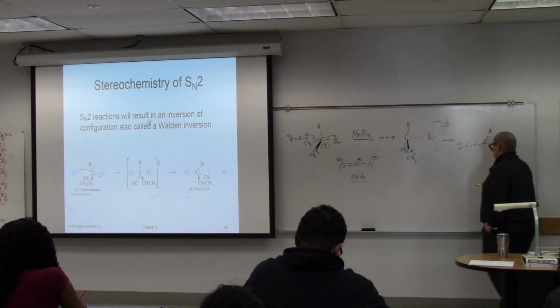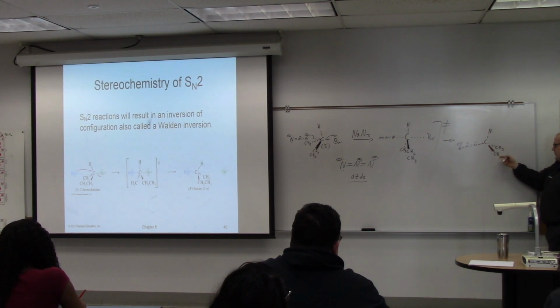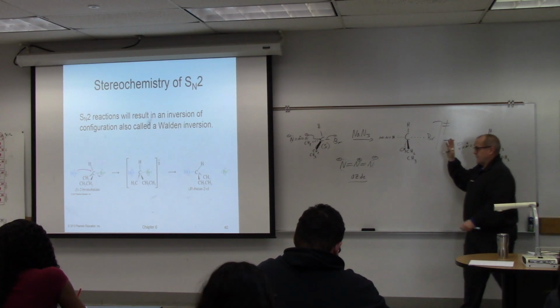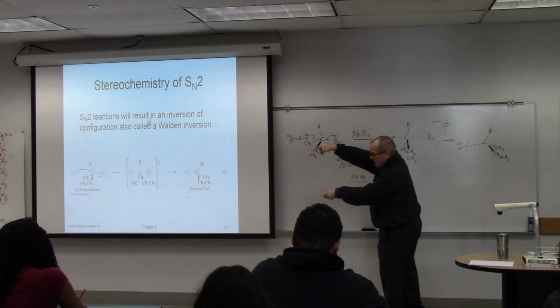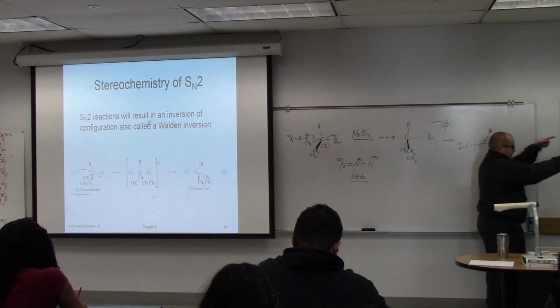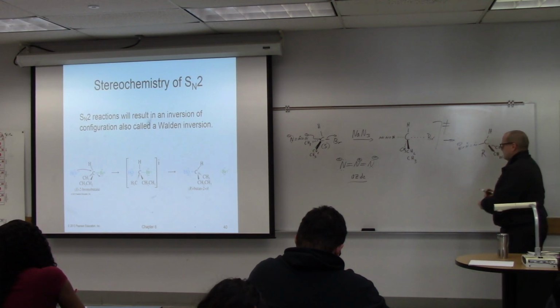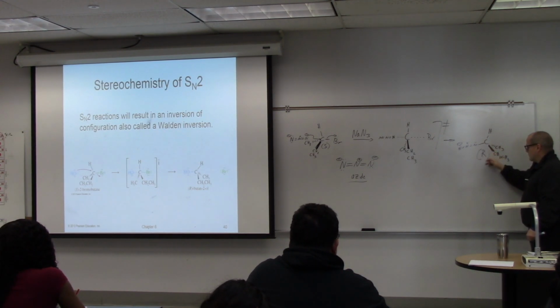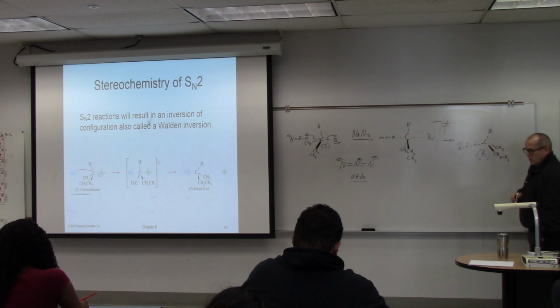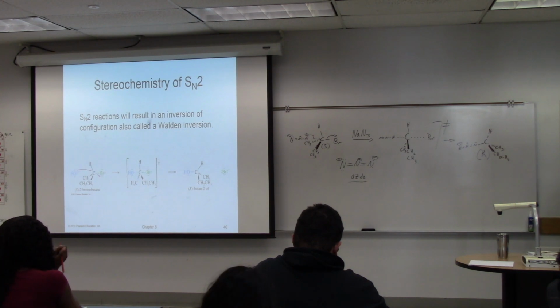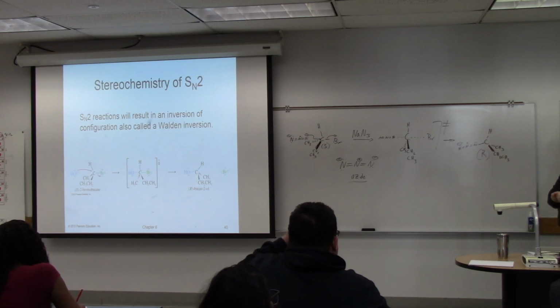Notice the methyl and the hydrogen that were once facing that way are now facing that way. And if you count the stereochemistry, you're going to see this is R. Started out S, did a reaction, we ended up R. It's called Walden inversion. Probably because Walden was the first person to discover it.